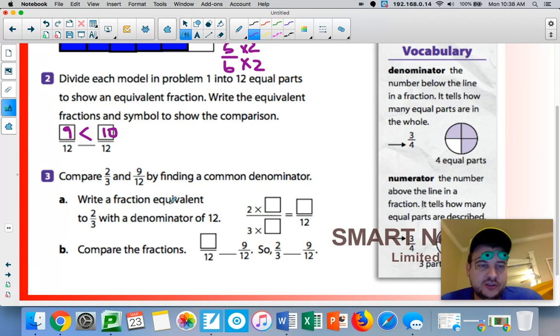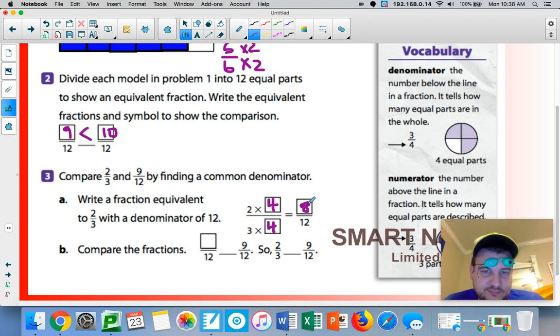Compare 2/3 and 9/12 by finding a common denominator. Equivalent fraction. So I have 2/3. They already gave me what they want the denominator to be, which is 12. So I have to multiply this times 4. If I multiply the bottom times 4, I gotta multiply the top times 4. 2 times 4 is 8. 8/12.